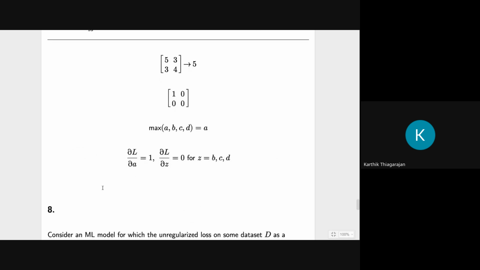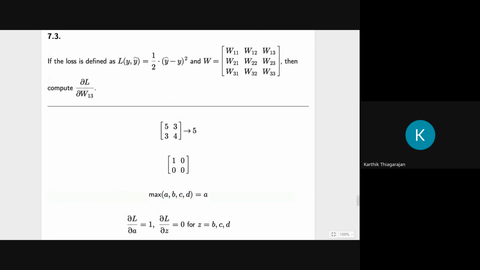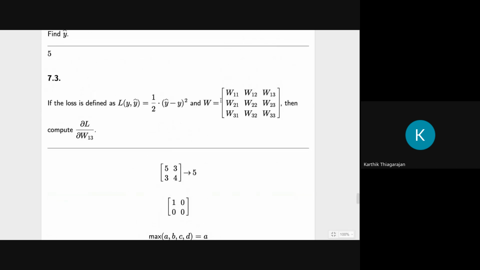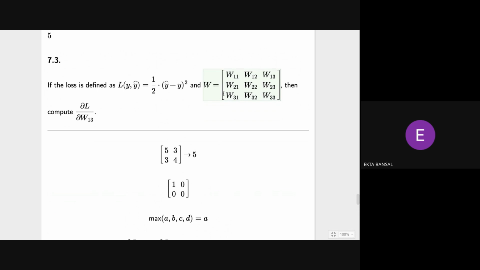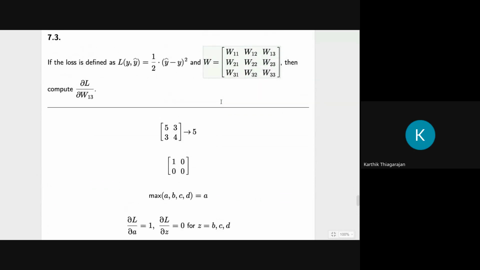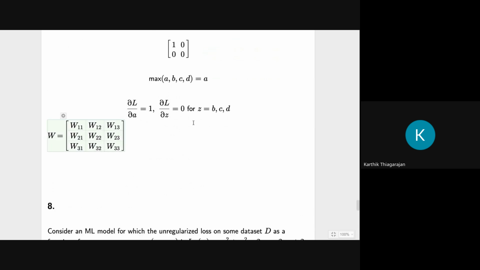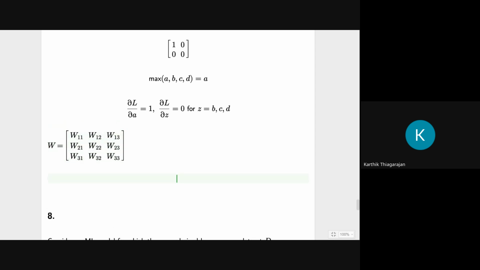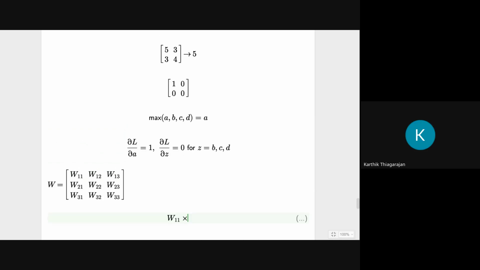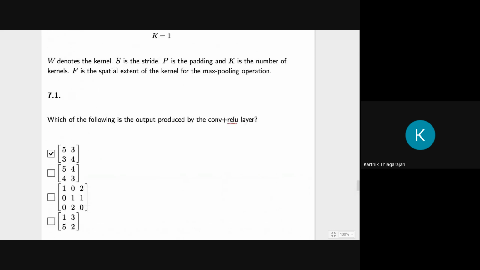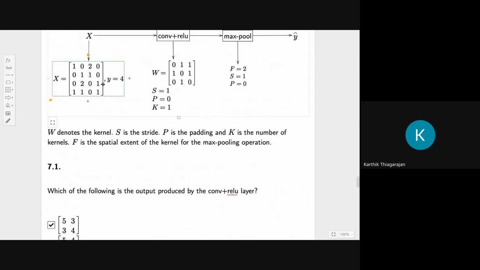If you write it down, phi is the top left entry. If you were to expand on this, this is the kernel that you have, and what you're asking is how did you get this phi? So you have w11 into this value, right?